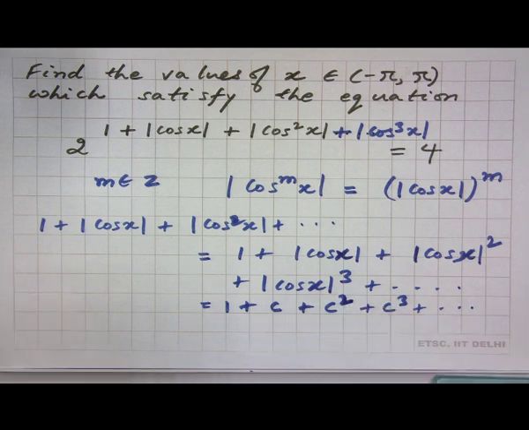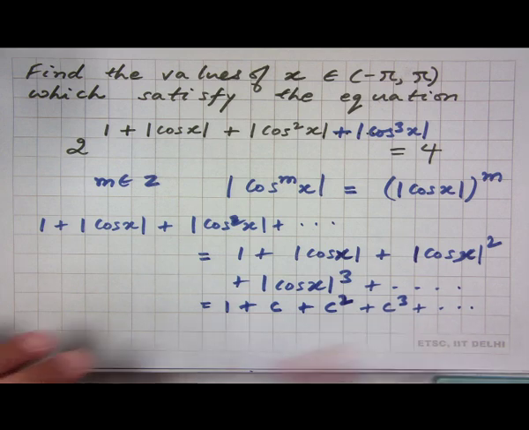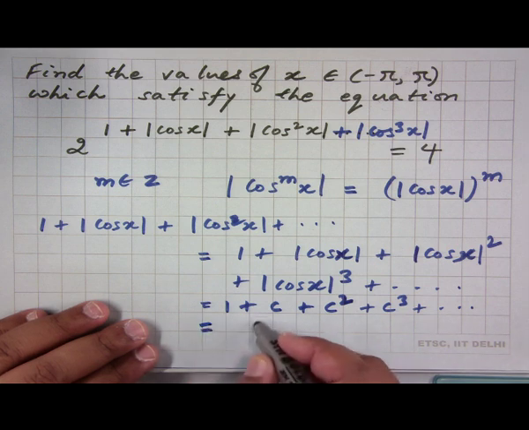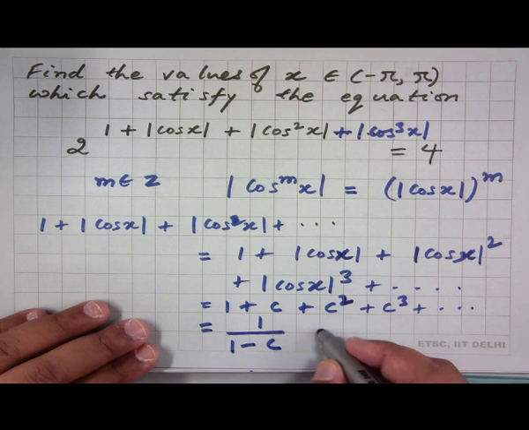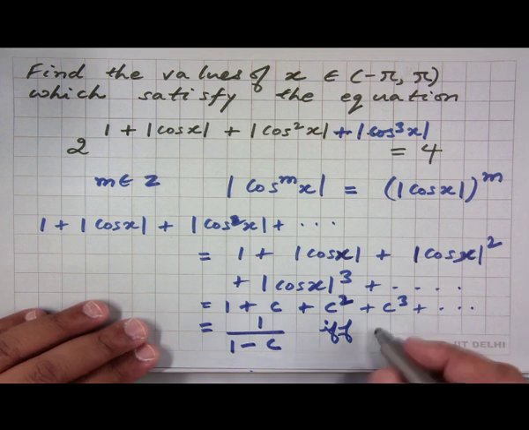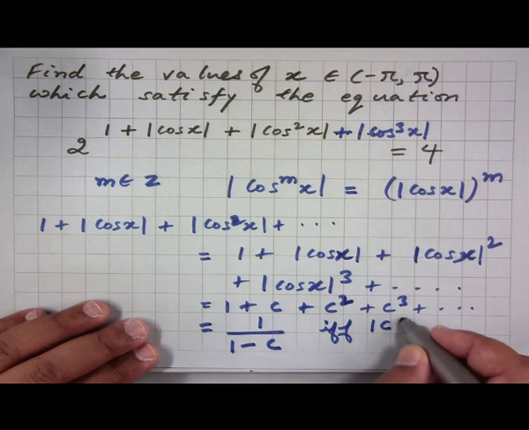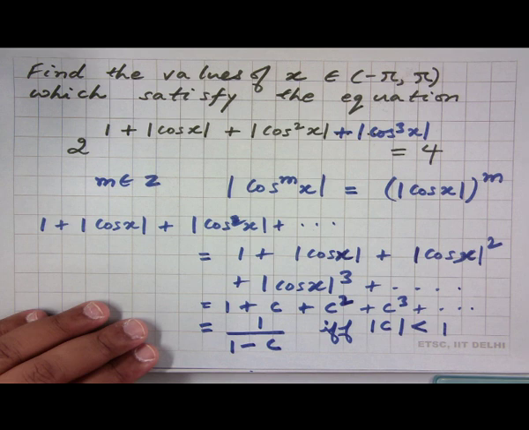And we know that this infinitely long geometric progression will converge to the value 1 over 1 minus c if and only if modulus of c is strictly less than 1. So, let us use this result.